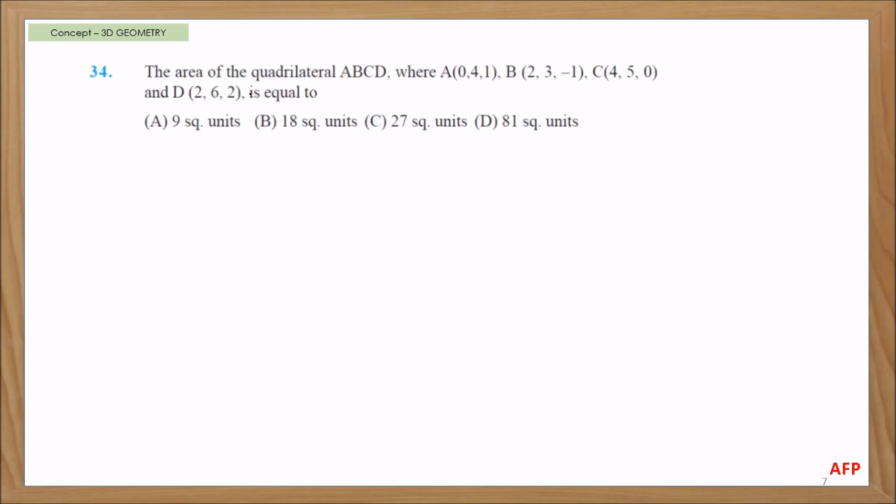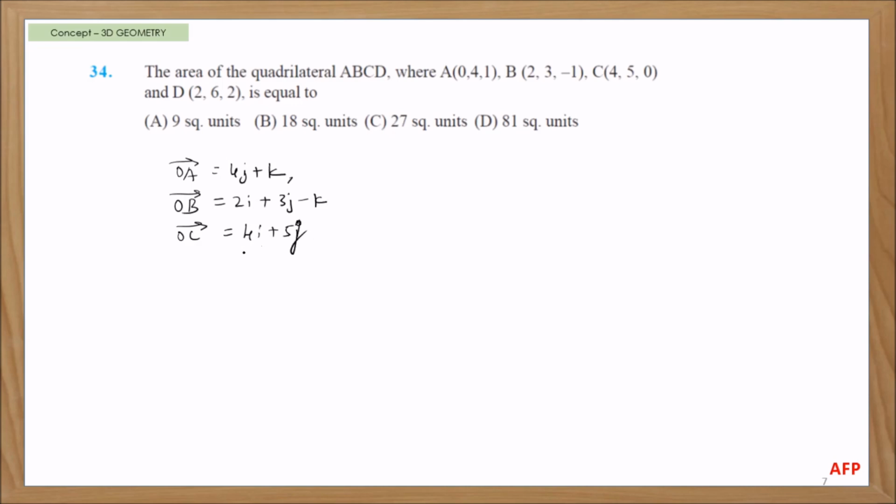Next one, find the area of a quadrilateral. To find the quadrilateral area, first we write the position vectors. The position vector of A is 4j plus k, position vector of point B is 2i plus 3j minus k, and the position vector of C we can write as 4i plus 5j.